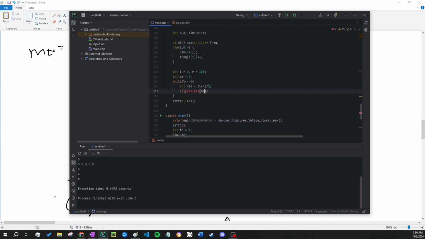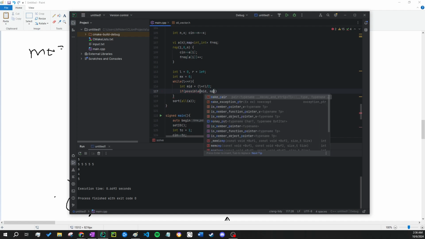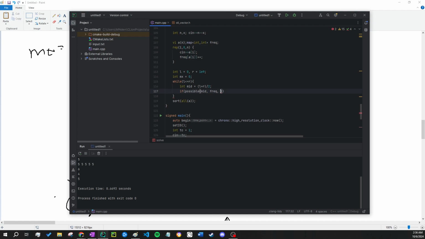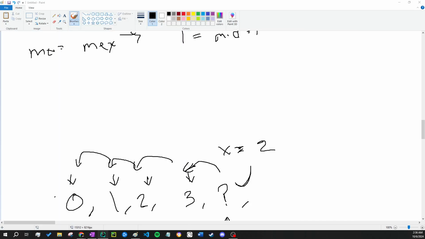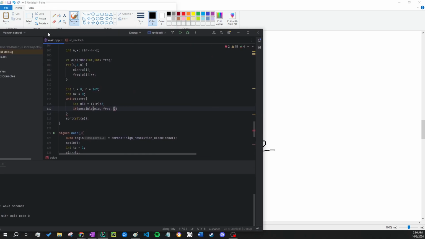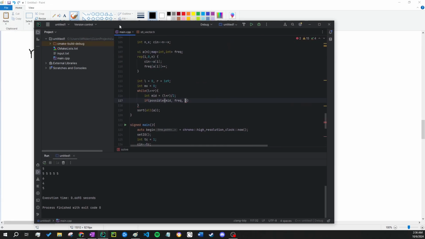If possible mid, give it the map or frequency. Also, from my understanding, we need mid, the frequency, and the array itself. If it's possible, mx equals mid, L equals mid plus 1, else R equals mid minus 1.